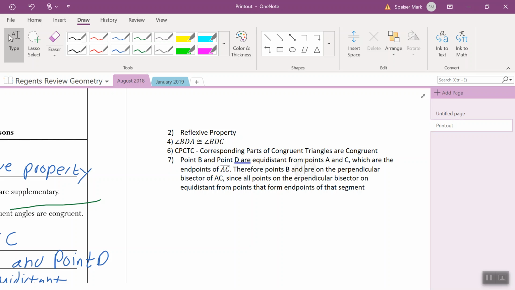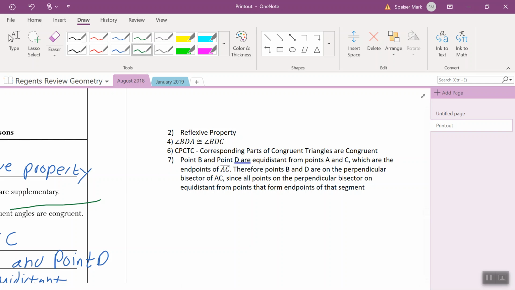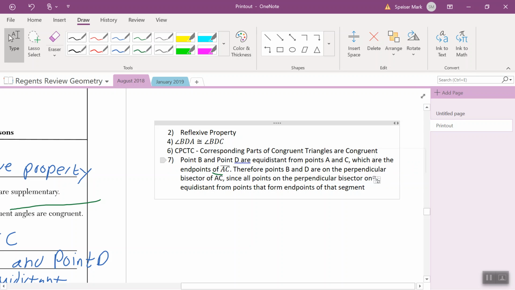Therefore, points B and D are on a perpendicular bisector of AC, since all points on the perpendicular bisector are equidistant from the endpoints of that segment. Sorry for the typos in that statement.